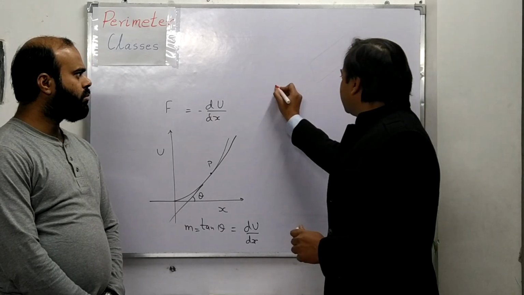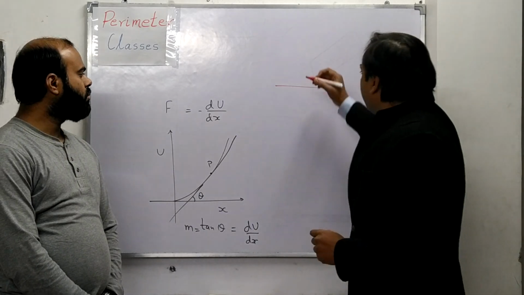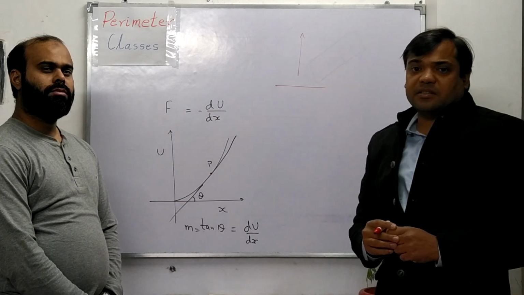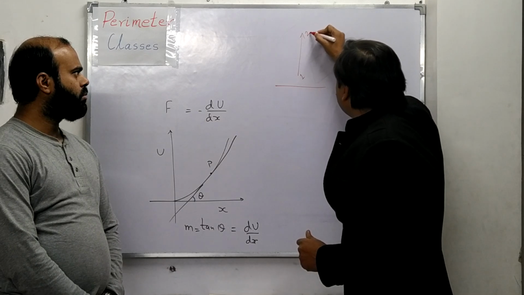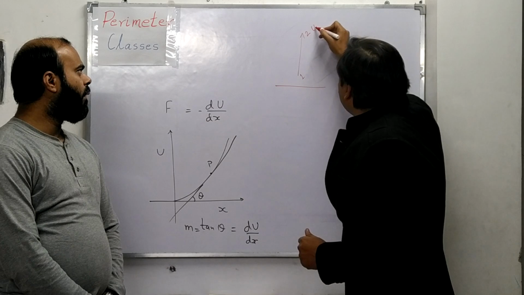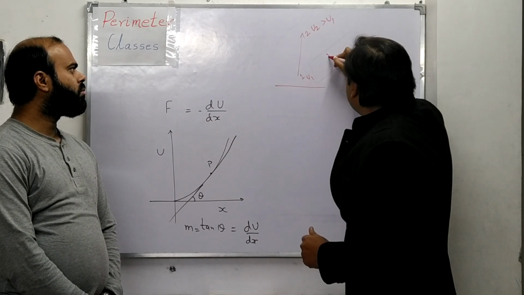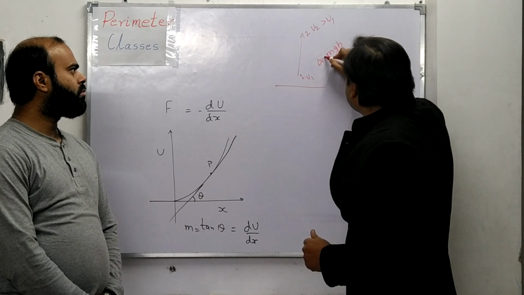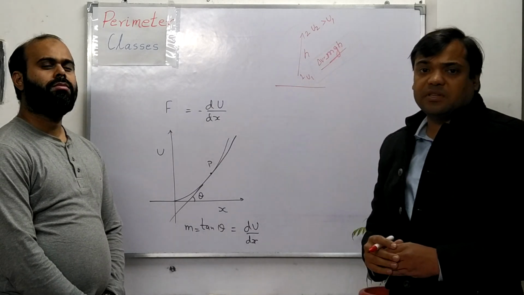Let us first discuss this condition in case of gravitational force. As we know, when we move in the vertical upward direction, the potential energy increases. So if there is a point 1 and a point 2, we can simply say that the potential energy at point 2, U2, is greater than potential energy of point 1, and the difference is given by mg into h, where h is the difference of height between point 1 and 2.